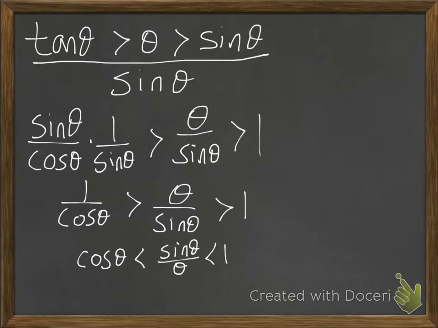Now, I'm just going to move off to the side here and demonstrate this for you, because this is the one place where I think you may have a little difficulty with that idea. Consider the fact, if you had the inequality 2 is less than 4, and you decided to take the reciprocal of both sides, you'd have 1/2 and 1/4, and of course, by necessity, the inequality would have to reverse.